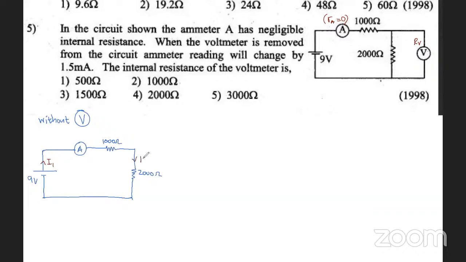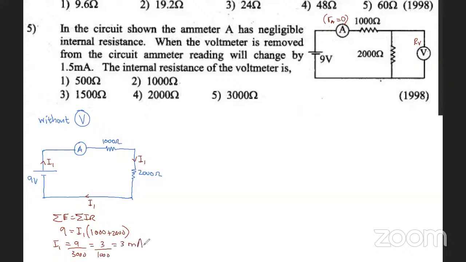What is the value of I1? You can easily find it. Sigma E equals sigma IR. Sigma E is 9. Sigma IR is I1 into 1000 plus 2000. So I1 is equal to 9 over 3000, that is 3 over 1000, and I'm getting 3 milliampere.